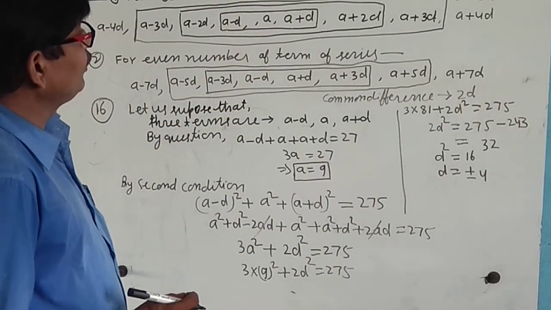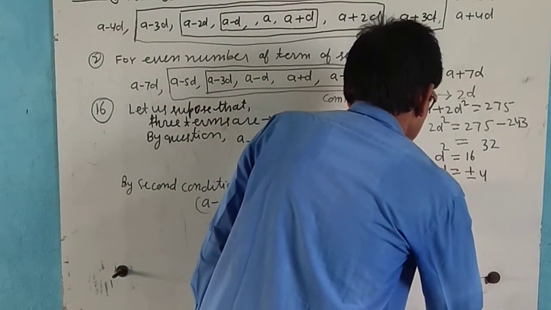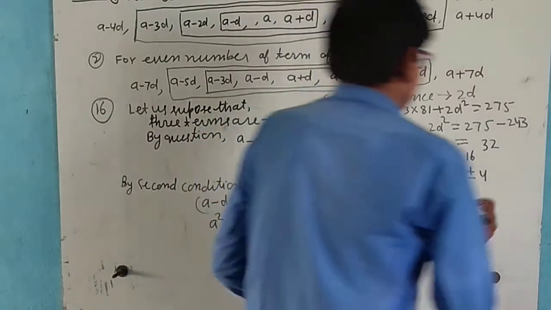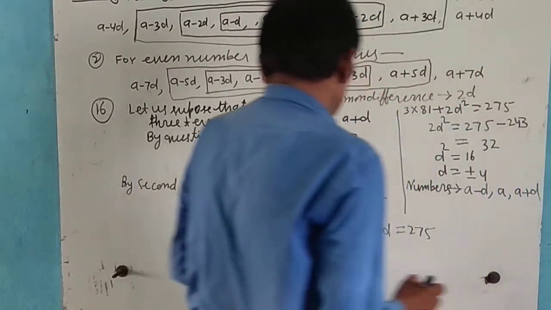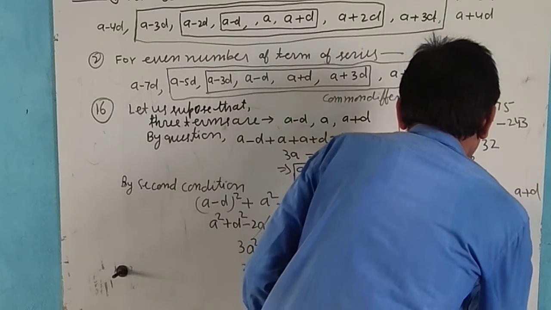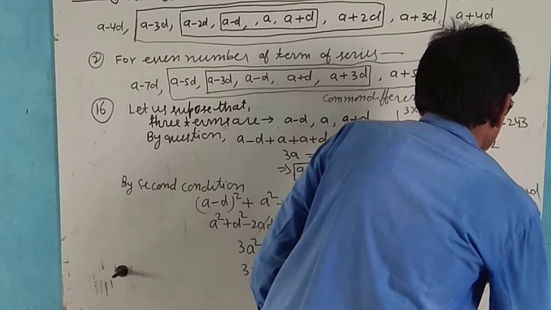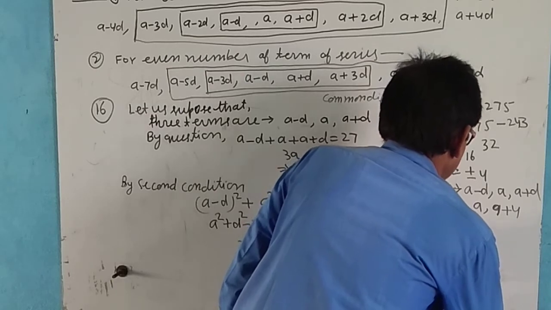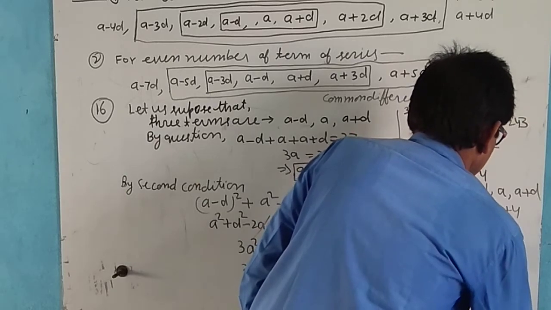Then the numbers will be A minus D, A, A plus D, with A equal to 9: 9 minus 4, 9, 9 plus 4. It means 5, 9 and 13.